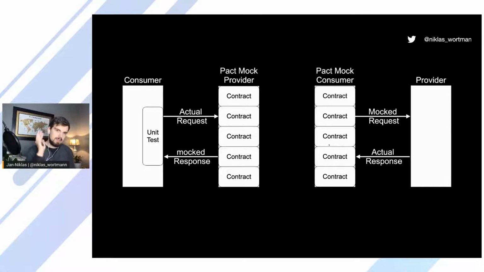Therefore, our consumer sends the request like it would in a normal business flow. It sends out an actual HTTP request. And the Pact mock provider now takes a look at this request, and if it matches the specification, then it will return the mocked response according to how it's specified.